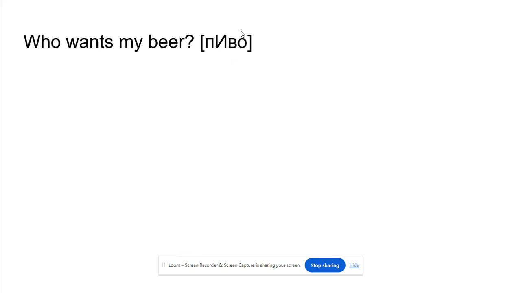It is a word of middle gender, so your possessive pronoun will have to be of middle gender. Кто хочет мое пиво? I forgot to capitalize the O here.